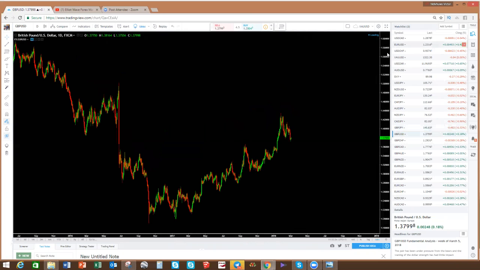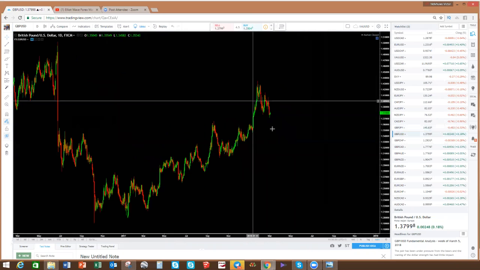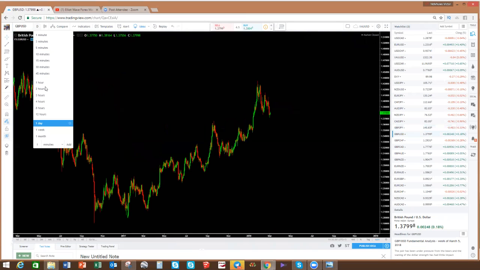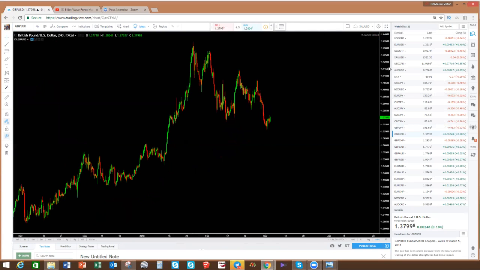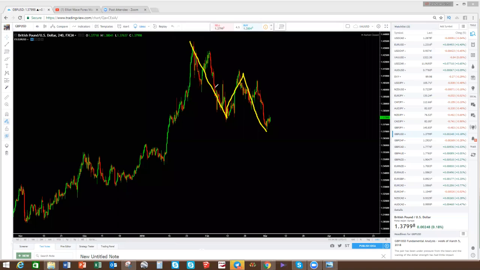Pound US dollar. So similar to all the pairs with the US dollar, we'll go 4 hour. As you can see here, we had 1, 2, 3, similar to all the other pairs. You see here within, we've got 1, 2, 3 waves, 1, 2, 3 waves, 1, 2, 3 waves.